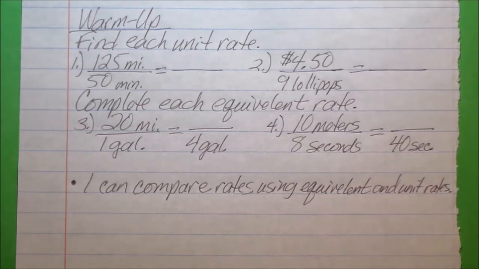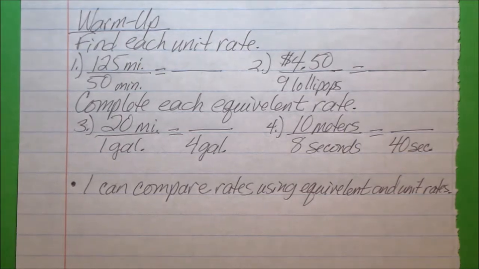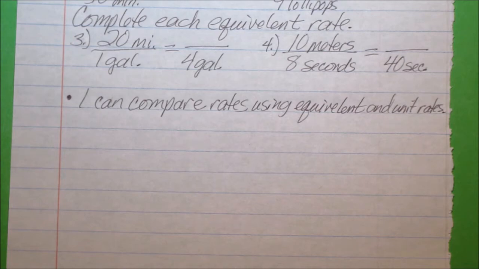Just barely get it in there. I can compare rates using the equivalent and unit rates. So we did this in lesson 2.4. Learned how to make equivalent rates and how to make unit rates, and now we're comparing them. So that's the extra piece we're adding into this.